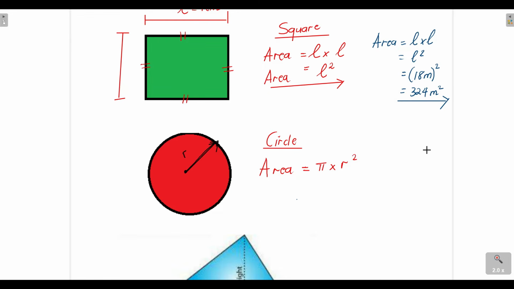We know that pi is approximately equal to 3.142 if I round it off to 3 decimal places. And if we wanted to calculate the total area that this circle is taking up, we would use the formula of pi multiplied by r squared.